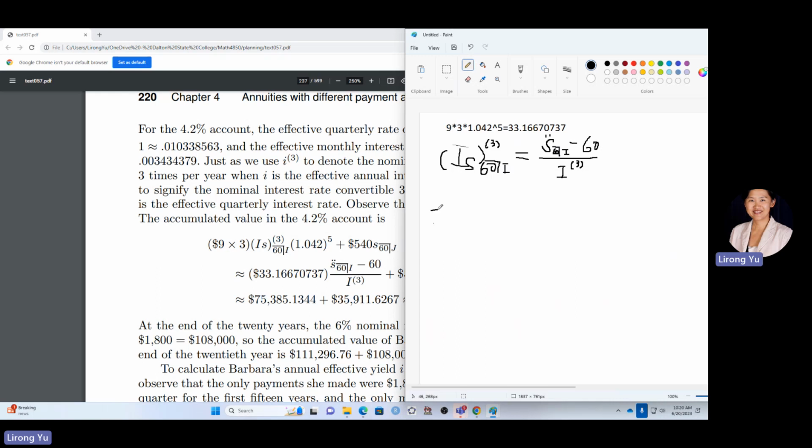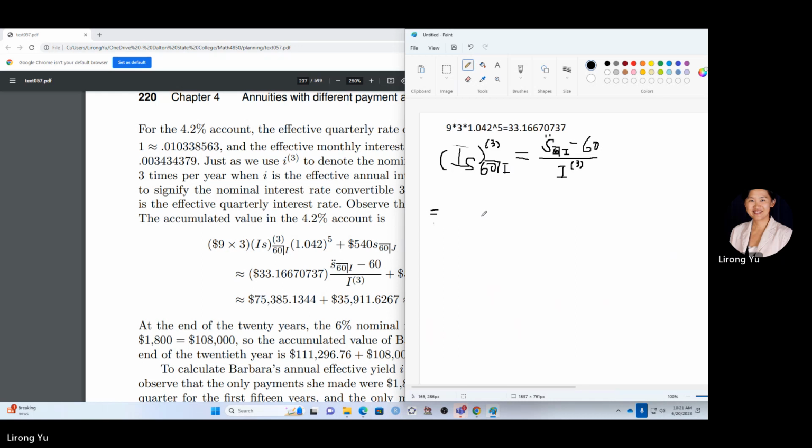And then this calculation is equal to, and you see there is a final number already. This calculation, S 60 I, we got annuity, chapter 3 on annuity, already practiced. I hope that you still remember how that is being done.